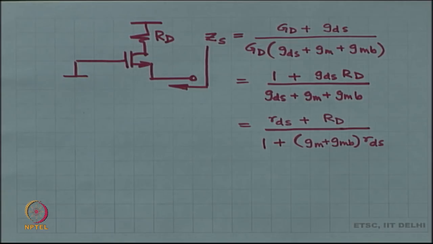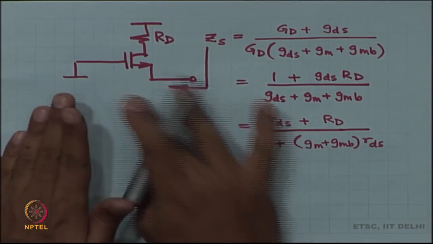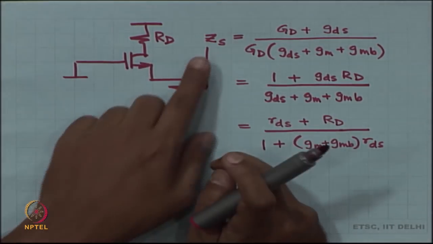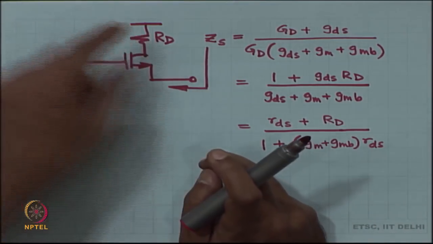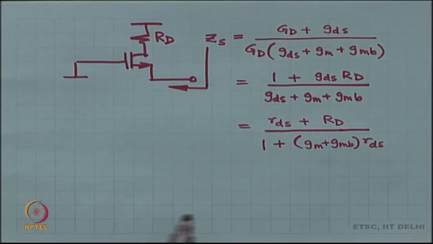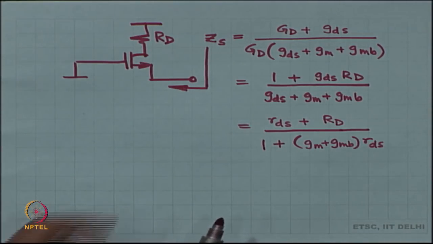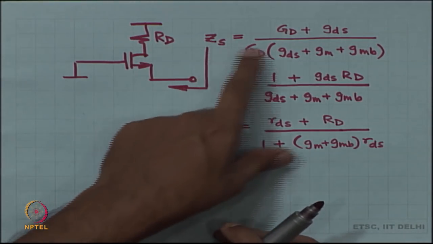Now, this expression happens to be something to memorize. This expression happens to be a formula. Remember the picture, you look into the source, drain is terminated with RD, what is the impedance that you see, and this impedance can be computed.